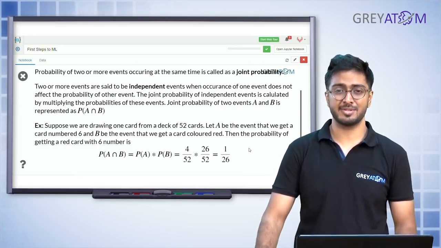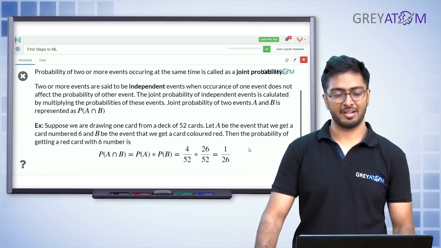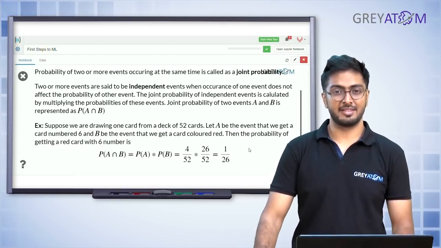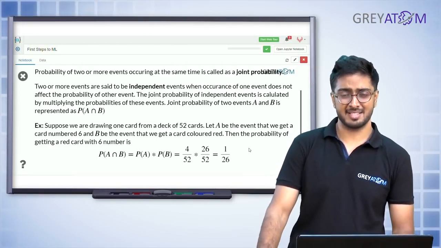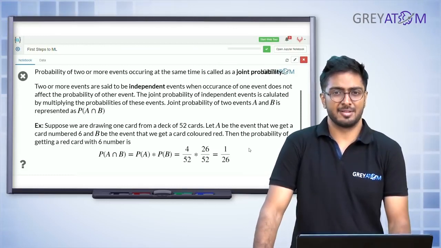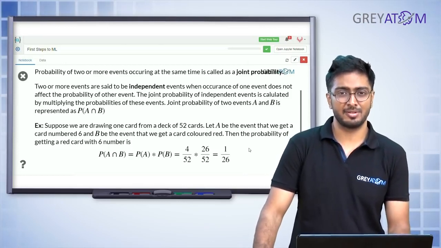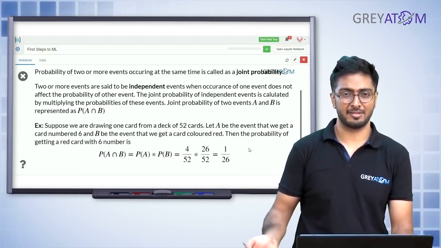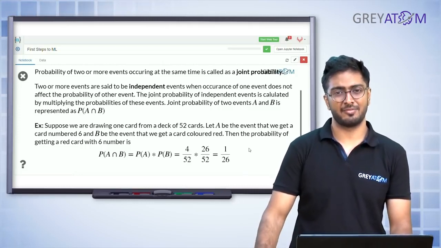Mutually exclusive events are those events which cannot happen together, right? So it cannot be a 3 or a 5. But these are independent events. This just says that they can happen together, definitely, but the occurrence of one does not affect the other. So for example, if you roll 2 dice, what is the probability that it would be 3 on one and 5 on the other?